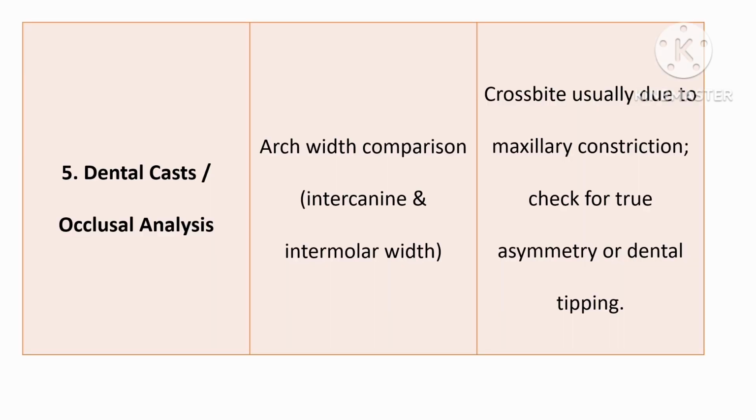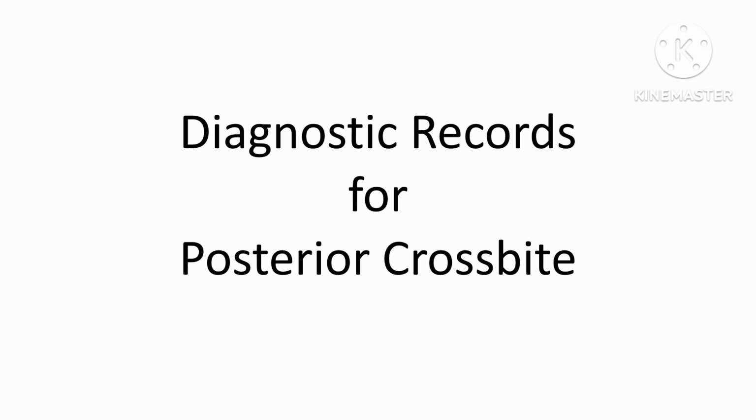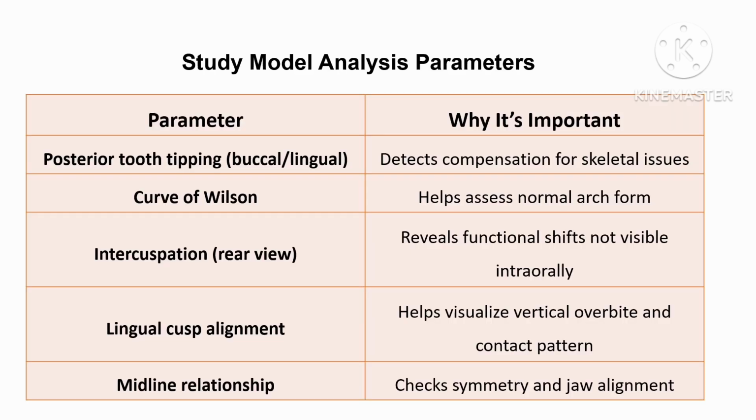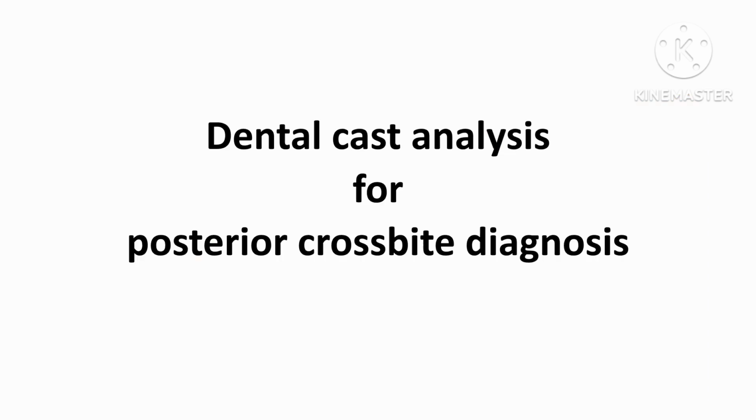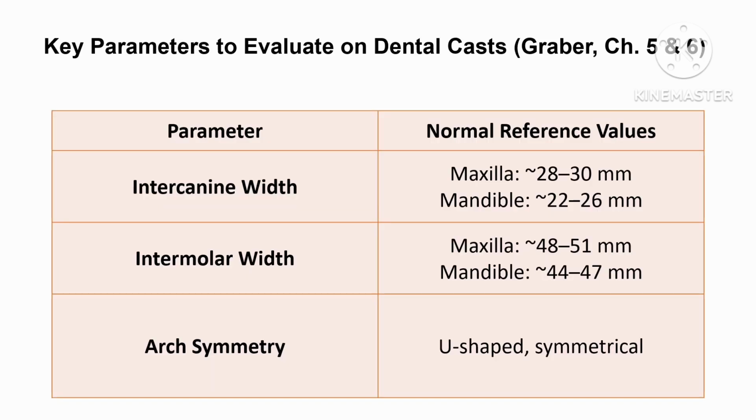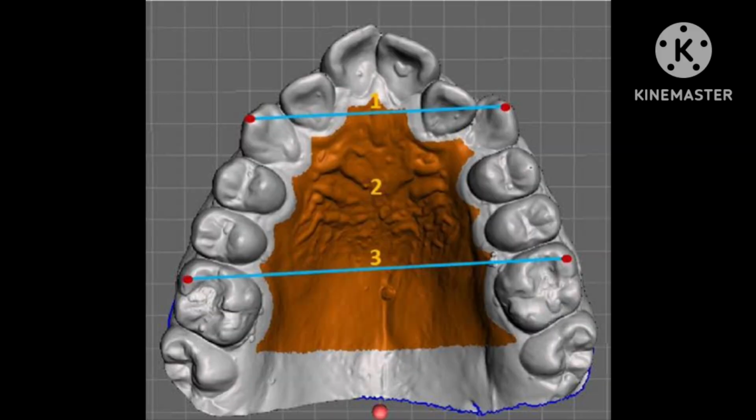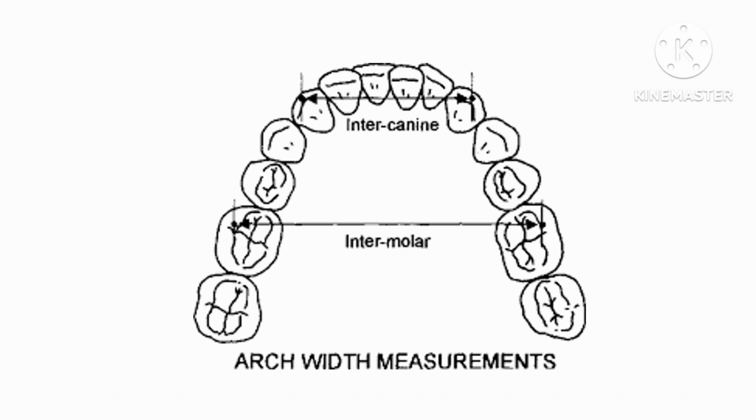According to Graber et al., dental cast analysis plays a crucial role in diagnosing posterior crossbite by assessing transverse discrepancies between maxilla and mandible. Key parameters to evaluate include the intercanine width. In normal maxilla, it is around 28 to 30 millimeters, while in the mandible it is about 22 to 26 millimeters. Whereas a maxillary value less than the mandibular value suggests transverse maxillary deficiency.